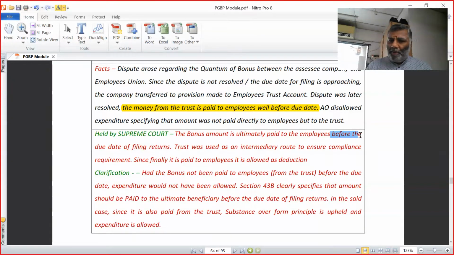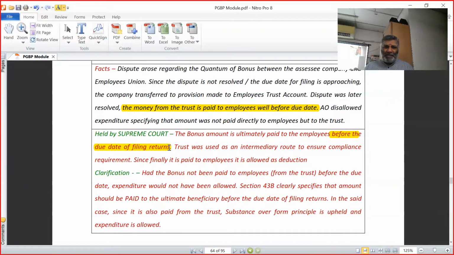The trust was used as an intermediary route to ensure compliance. Since finally it is paid to the employee, it is allowed as deduction. Had the bonus not been paid to employees from the trust before the due date, the expenditure would not have been allowed.